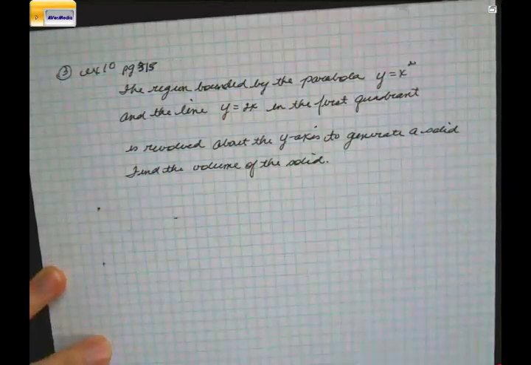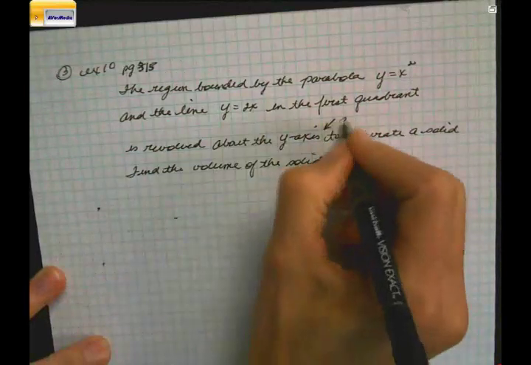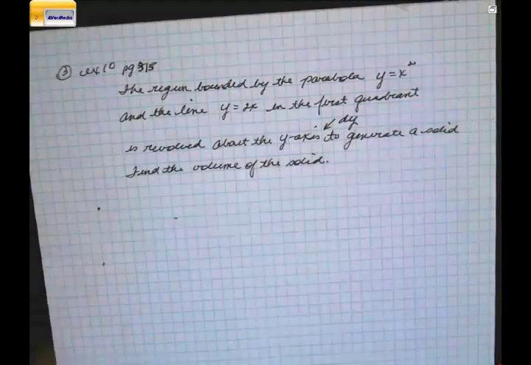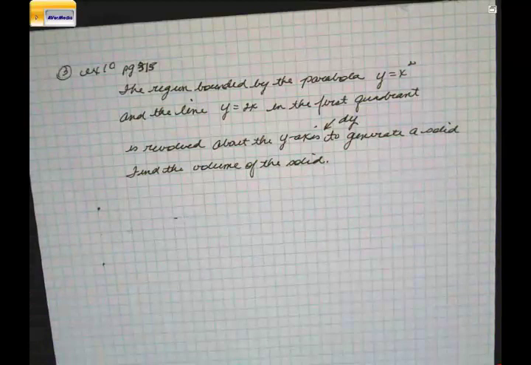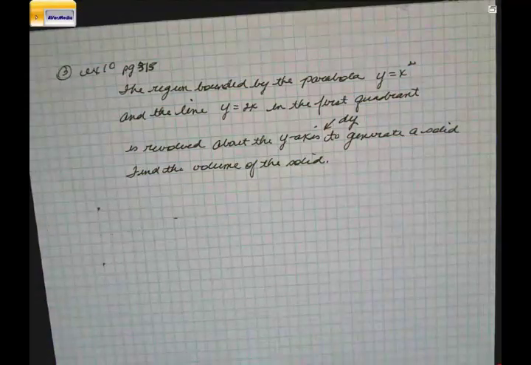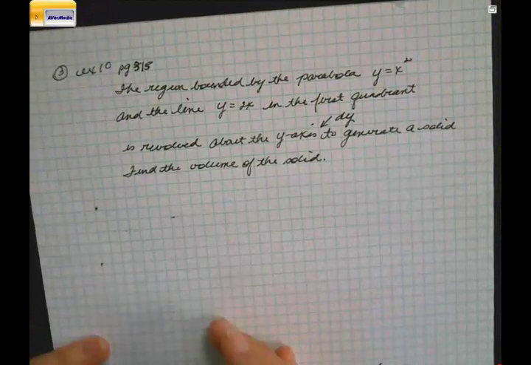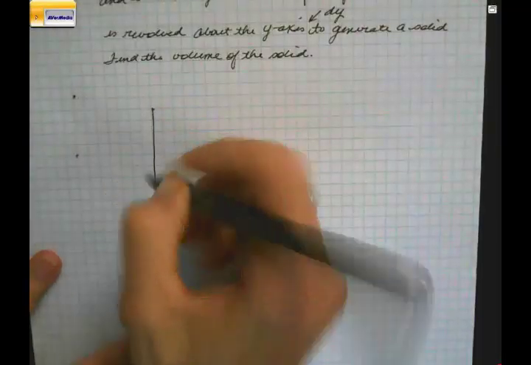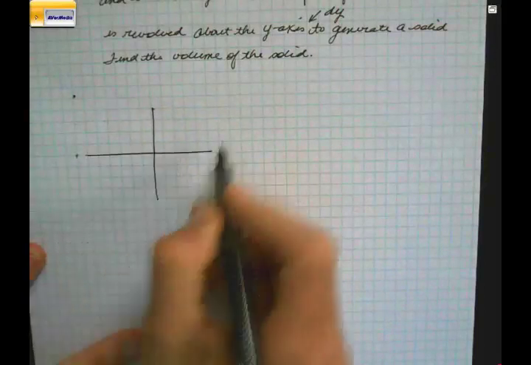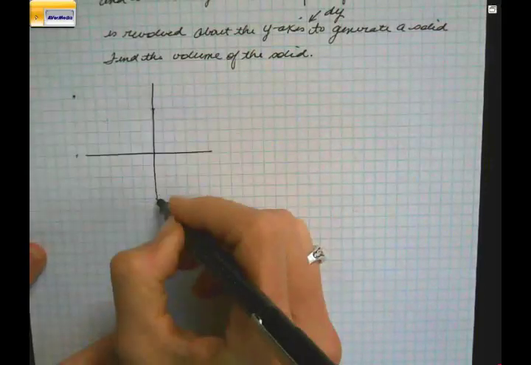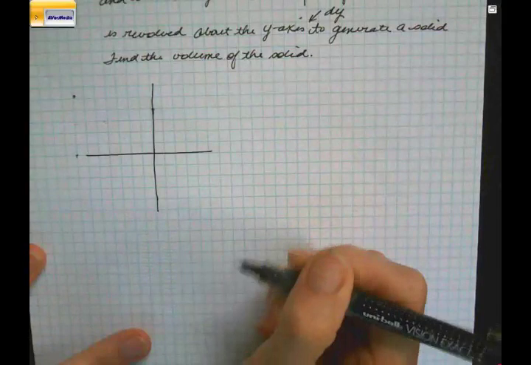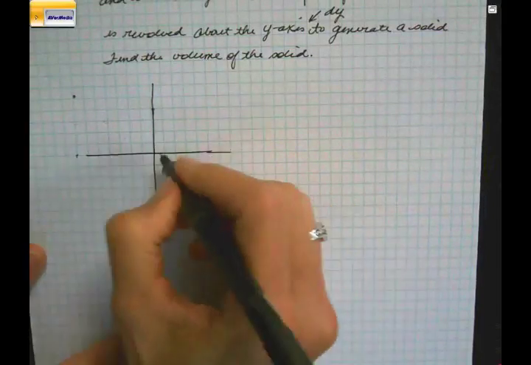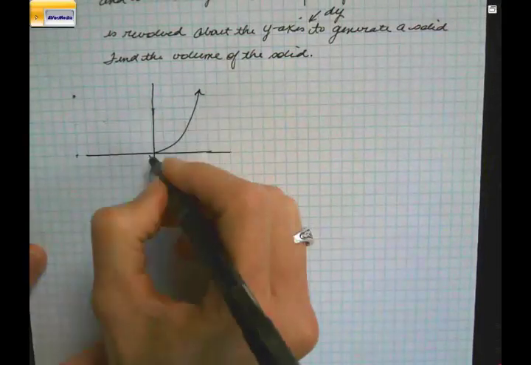Well, once you see that revolving about the y-axis, your mind should trigger, oh dear, it's a dy thing. Everything has to be in the y variable. I've got to kind of twist everything to the y variable. Okay, let's see if I can graph this one correctly. So the parabola y equaling x squared looks something like this. I'm not even going to try to plot points.